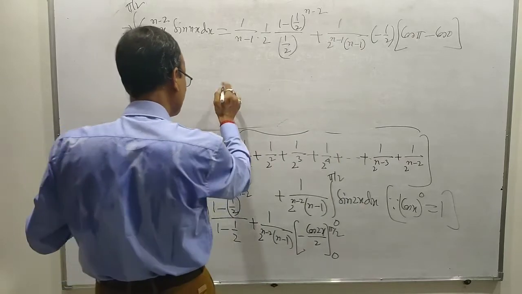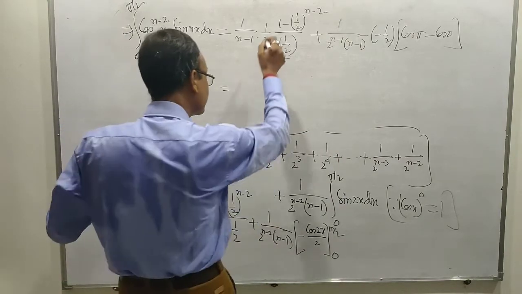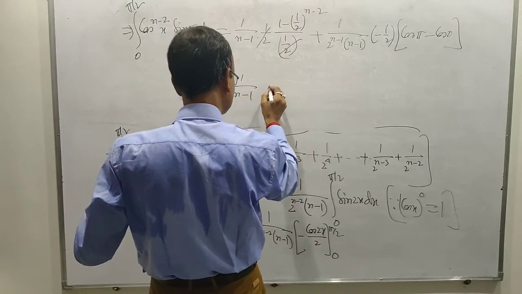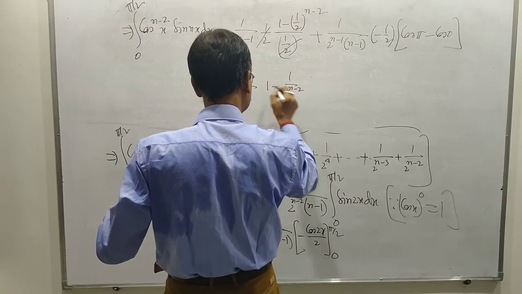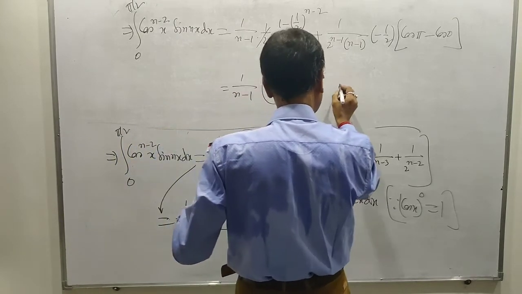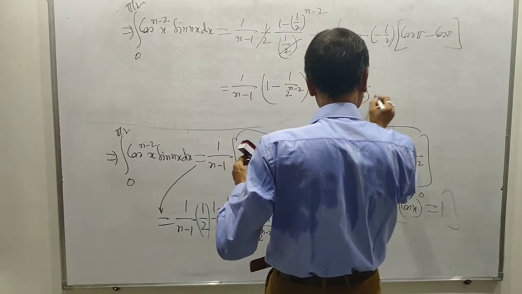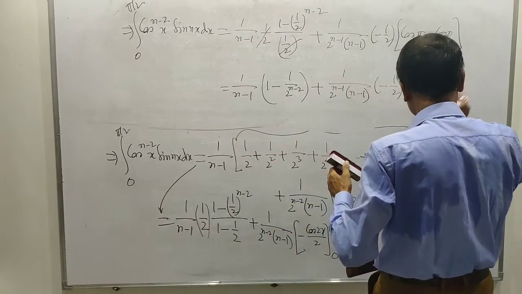This is equal to, this half will be cancelled. These two will be cancelled. 1 by n minus 1 into 1 minus 1 by 2 to the power n minus 2. You may write like this. Plus 1 by 2 to the power n minus 1 into n minus 1 minus half. It is minus 1 minus 1.